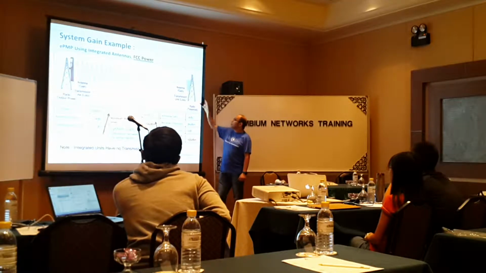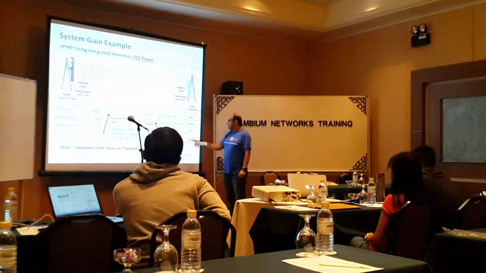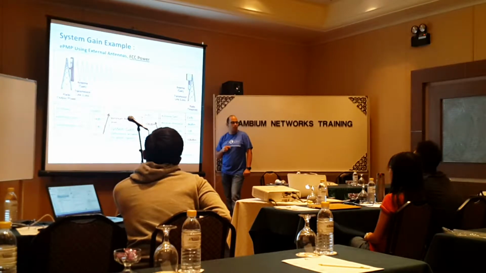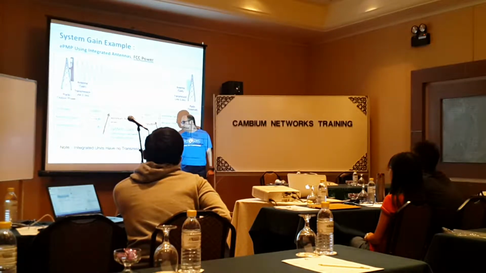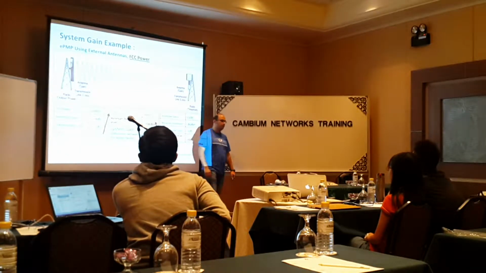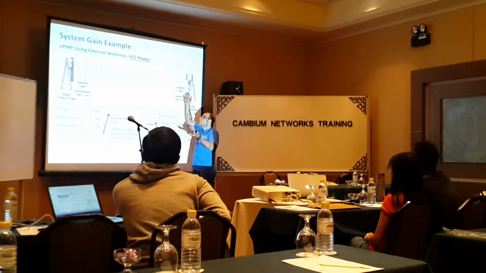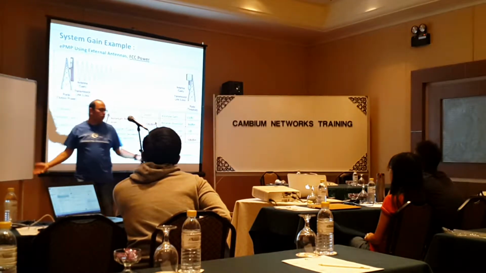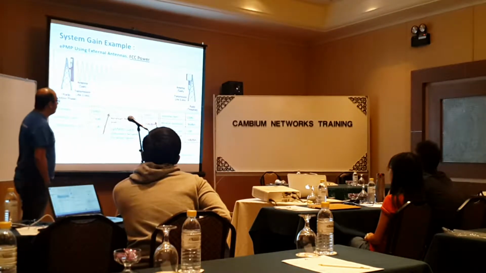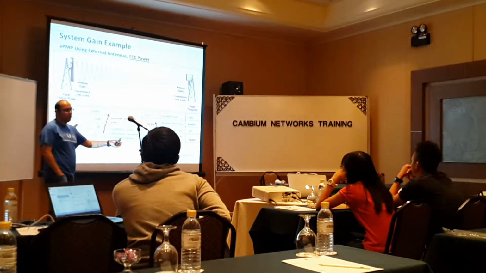So just by changing the antenna on the receiver side from the integrated module to connectorized, you increase the system gain by 8 dB, from 136 to 144. So changing the antenna is more important than increasing the power.